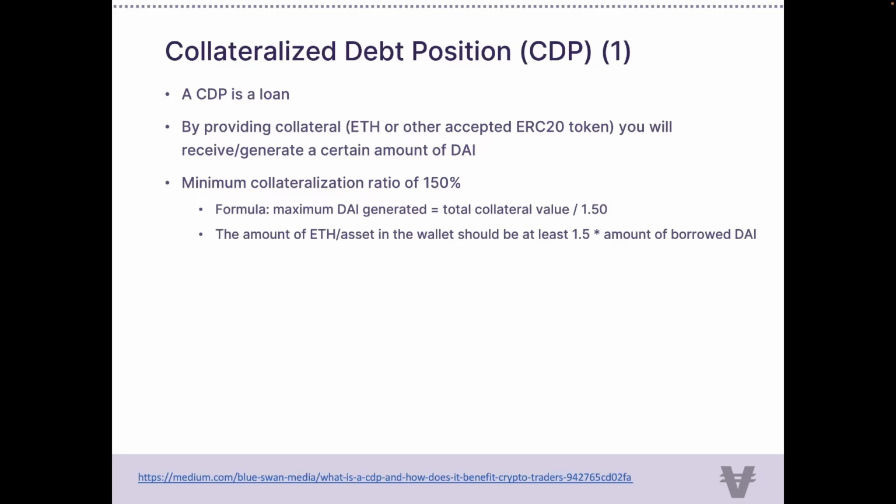Of course, there are some formulas involved, and the Maker protocol has set a minimum collateralization ratio of 150%.